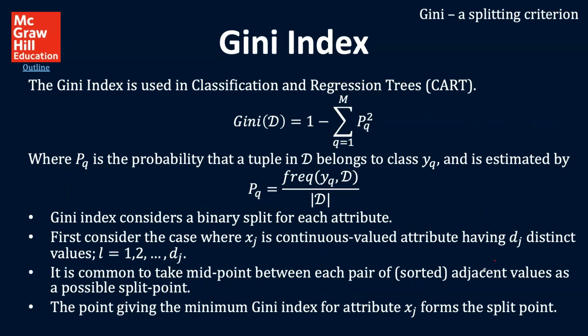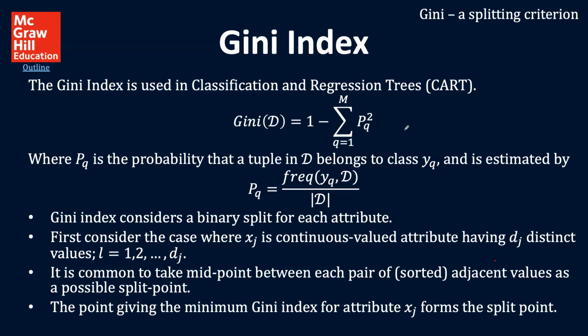And so the Gini index is used in classification and regression trees, CARTs. We have this equation here for the Gini index, where p_q is the probability that a tuple in D belongs to the class y_q.